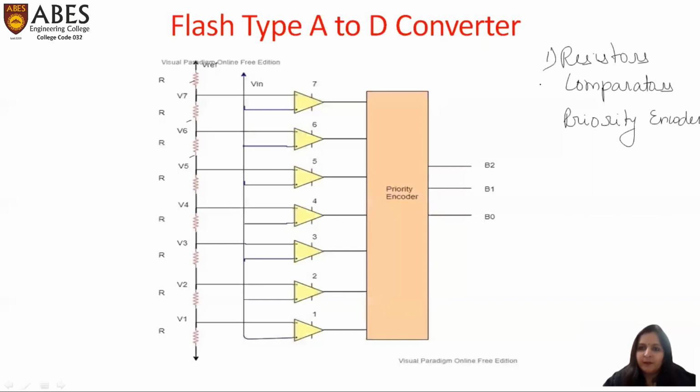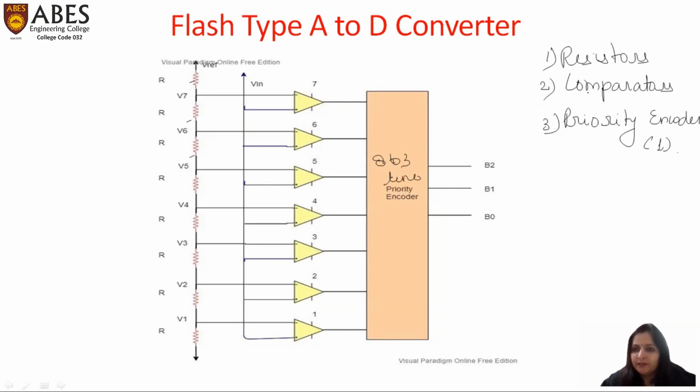These are the three things that we require the most. The priority encoder count is always 1. Here the priority encoder which is used is an 8 to 3 line priority encoder.